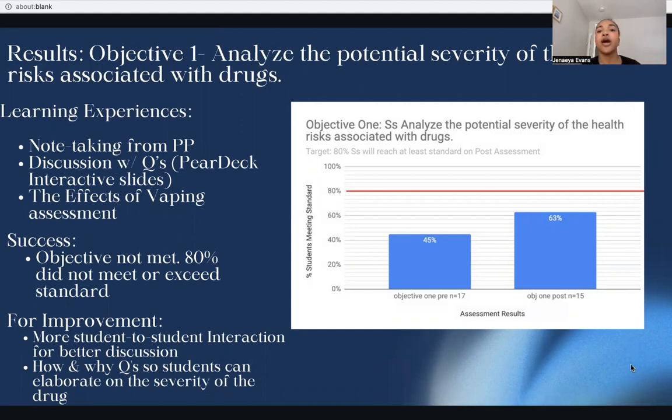All right, so objective 1, I wanted them to analyze the potential severity of the health risks associated with all 3 of the drugs. So each time I came into class, I opened the slide deck, had the Pear Deck interactive slides, questioned students, got some answers, and then we would move on to whatever the formative assessment would be, whether it was the effects of vaping assessment, the cannabis and the news assessment, or the fentanyl reflection video.